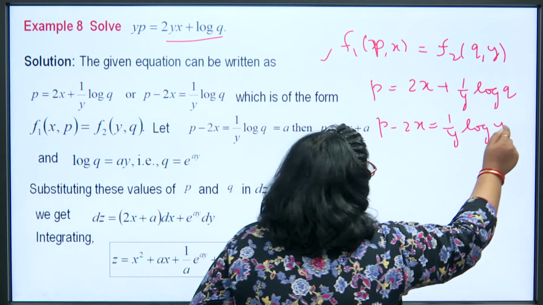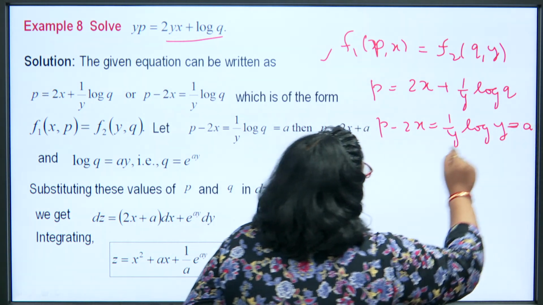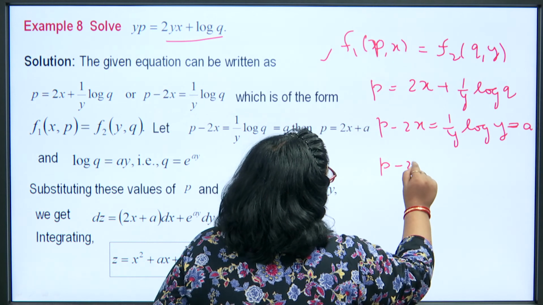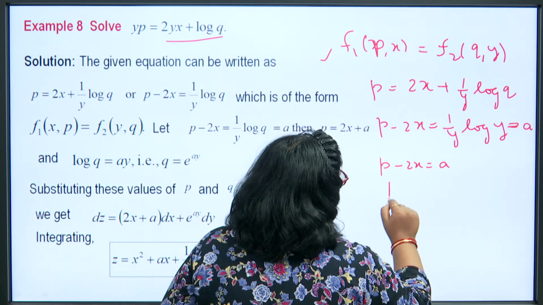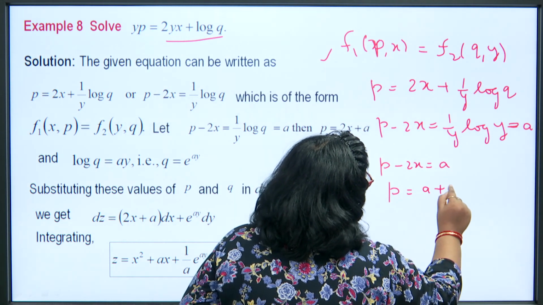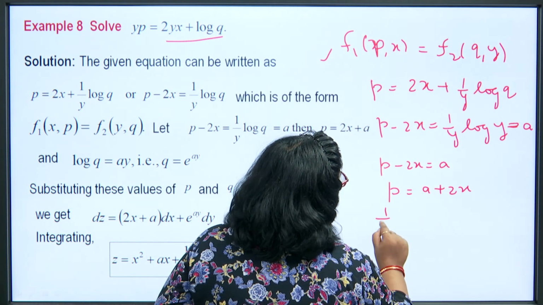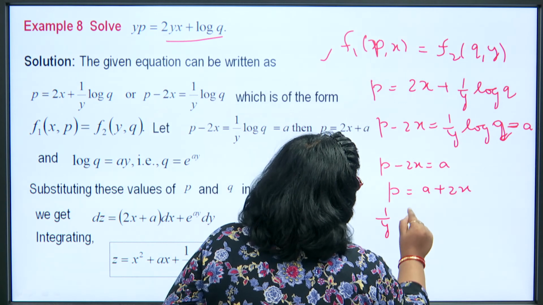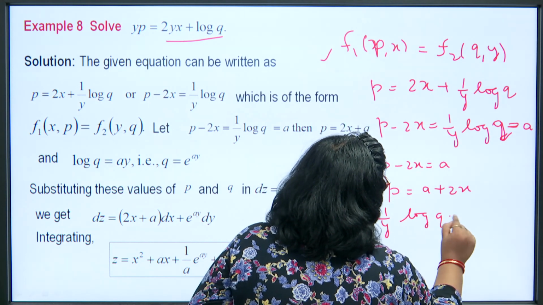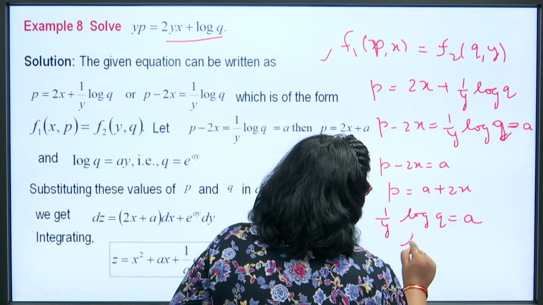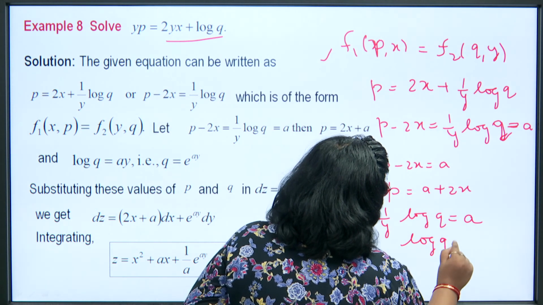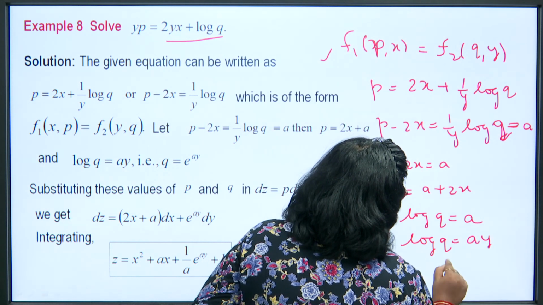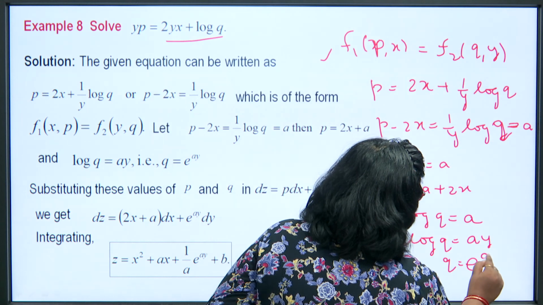So we set this equal to a. p minus 2x is equal to a, that means p is equal to a plus 2x, and 1 by y log q is equal to a, that means log q is equal to ay, so q is equal to e to the power ay.